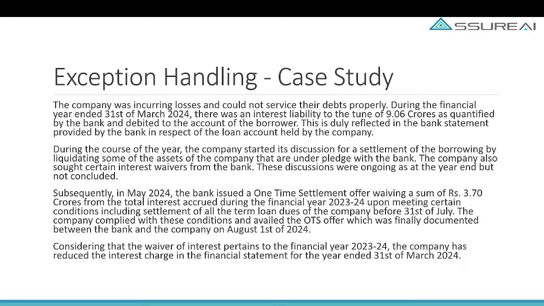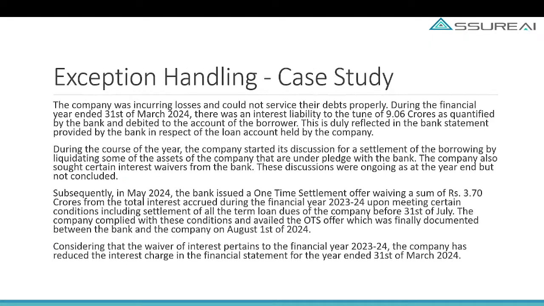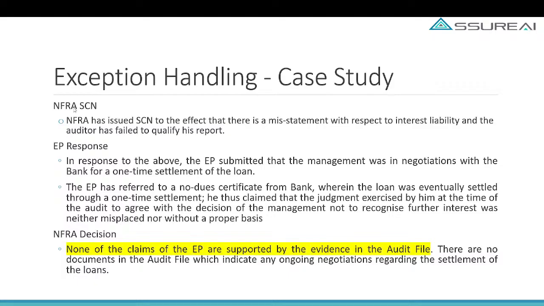So this was the matter which was before the NFRA, for example. And the NFRA issued a show cause stating that this is a misstatement with respect to interest liability and the auditor has failed to qualify his report. So this was the observation of NFRA in the show cause notice.